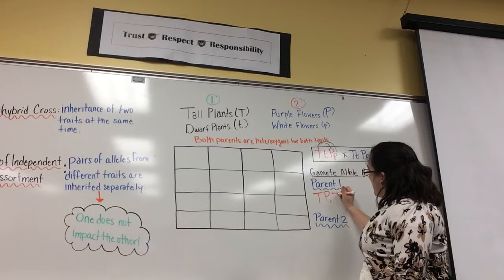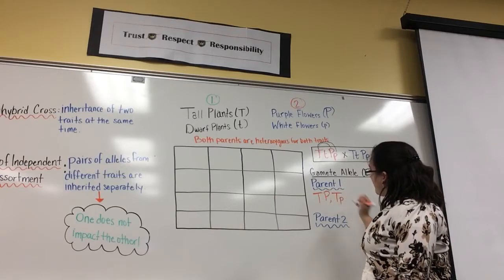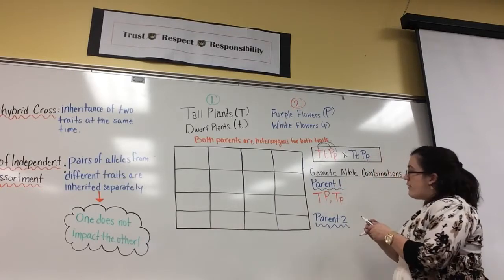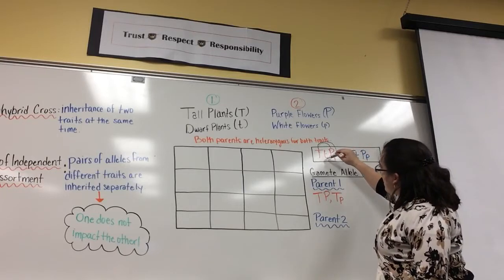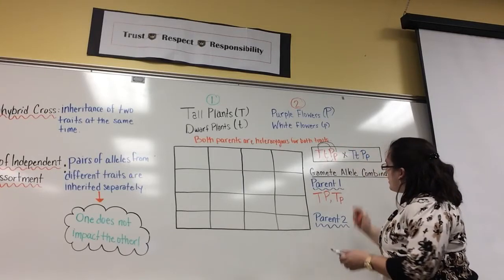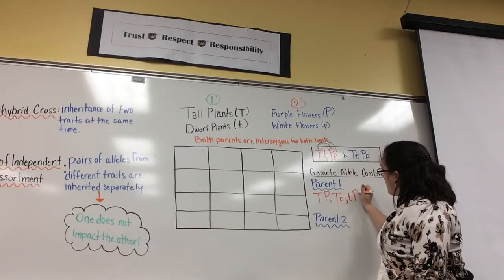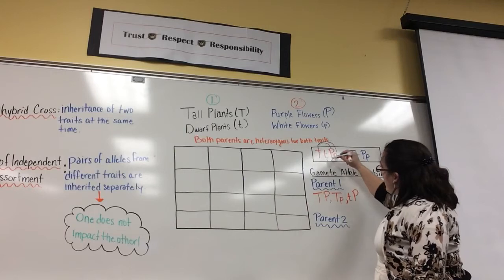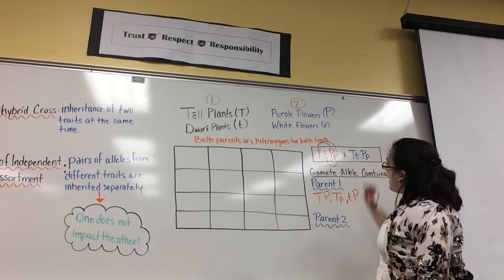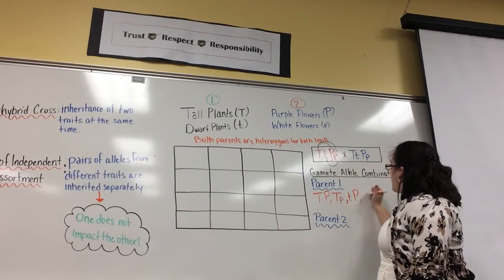So then that gives us big T, little p. Then if we take the second allele and pair it up with the first of the second trait, we'd have little t, big P. And then finally we have the little t paired with the last one, which is little t, little p.